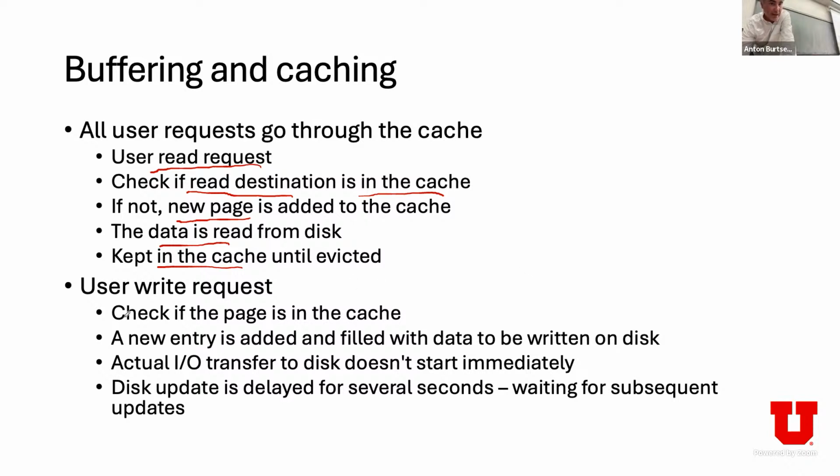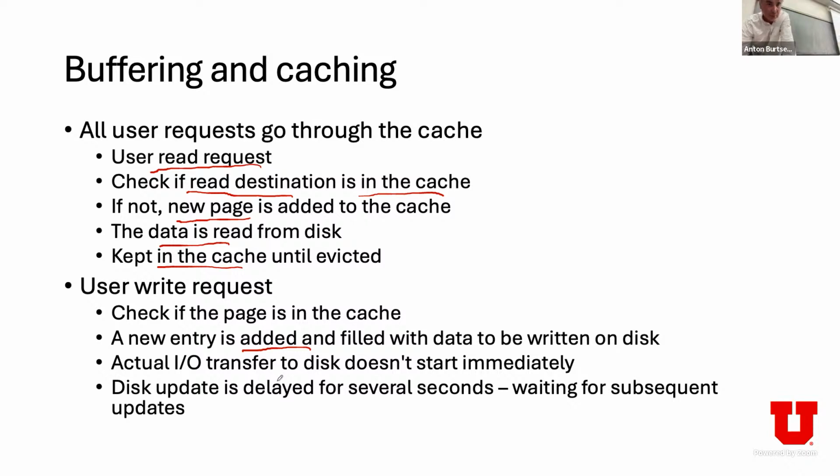And for write access, the high-level logic is the same. If the page is in the cache, good; if not, allocate a new page, fill the data from disk, and then do the write. In fact, Linux will not immediately flush the write back to the disk, but will keep it around, hoping that you will do another write.